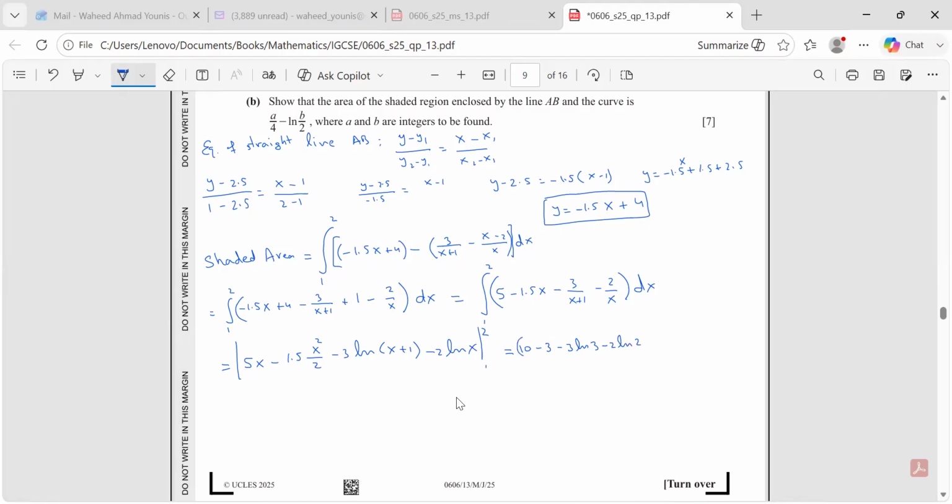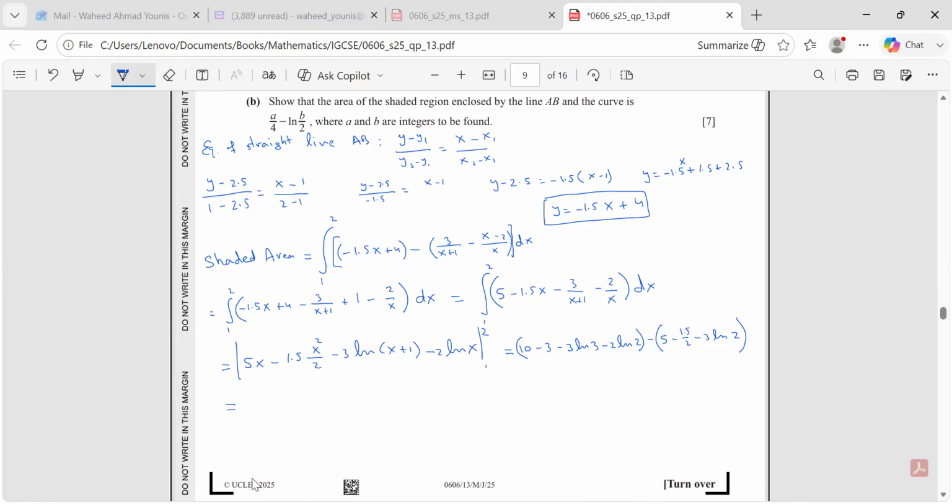This is all from the upper limit. Minus, now I will start with the lower limit. So 5 times 1 is 5, minus 1.5 divided by 2, and this will become minus 3 log of 1 plus 1, that is 2, and log of 1 is 0, so I don't need to write anything. I hope everything is okay.